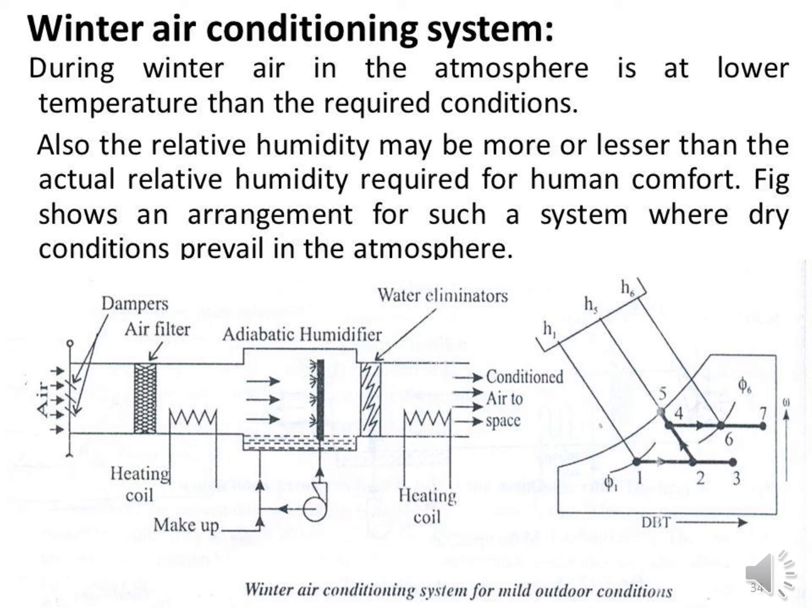We require warm air, right? Warm air. During winter, the air in the atmosphere is lower than the temperature of the required condition. Also, relative humidity may be more or less than the actual relative humidity required for home comfort. So here also see here, air enters the damper, air filter.